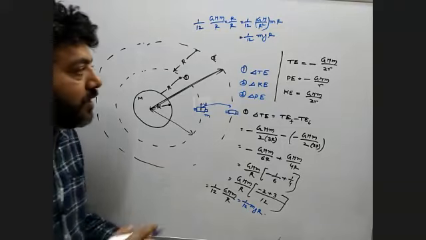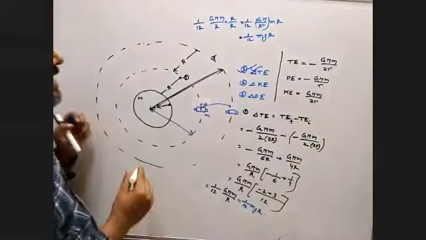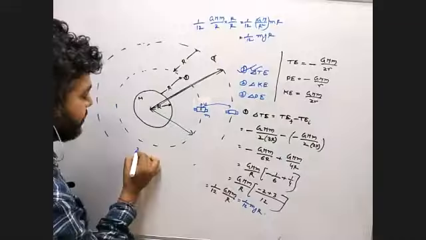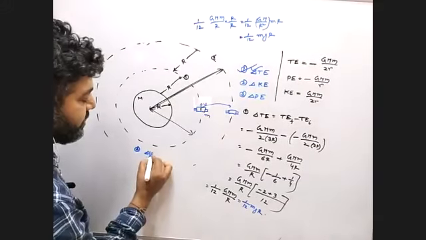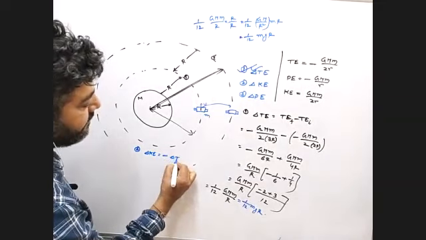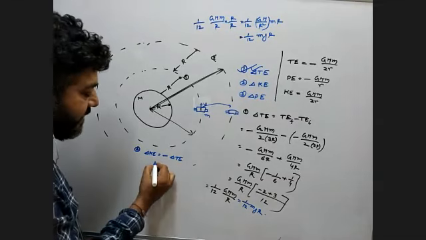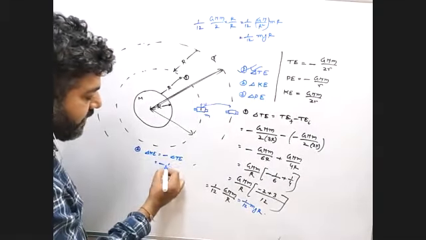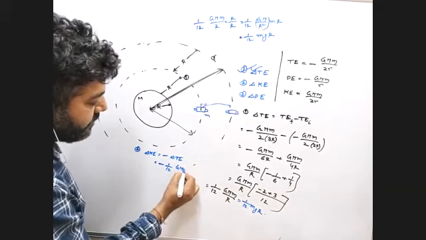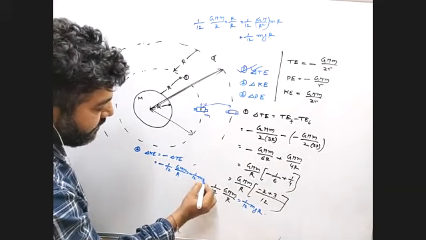So when you get the total energy, don't do the same thing again for the kinetic energy. My suggestion is that the change in kinetic energy, you know very well, is the negative of the total energy. So you can easily write minus 1 by 12 GMm by r or minus 1 by 12 mgr.